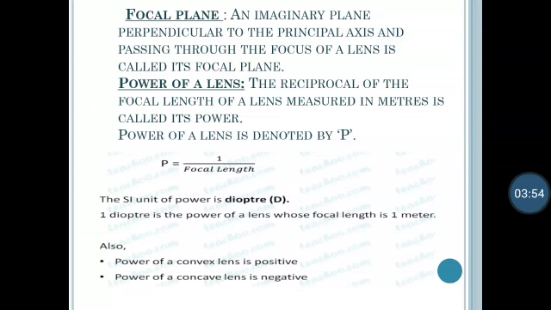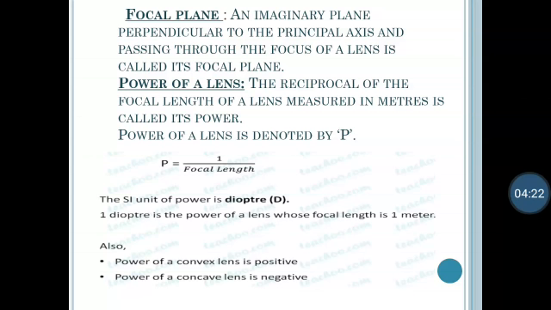Now, power of a lens. The reciprocal of the focal length of a lens measured in meters is called its power. Actually, power of a lens is defined as the reciprocal of its focal length.